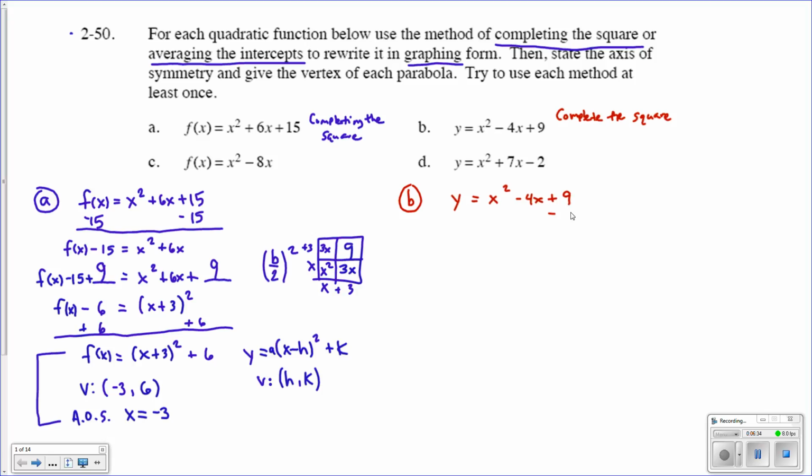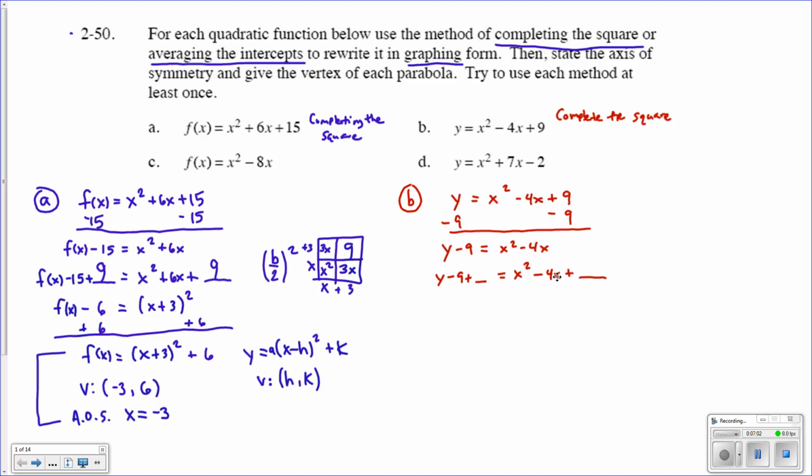Let's go ahead and subtract the 9 from each side. So we now have y minus 9 is going to equal x squared minus 4x, in which case I want to complete the square, so I'm going to recopy here with my blank so I can add in whatever value I use to complete the square.